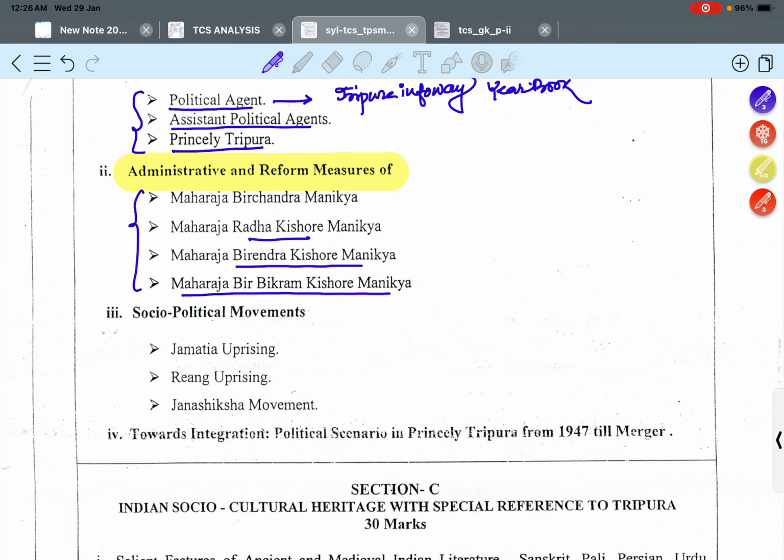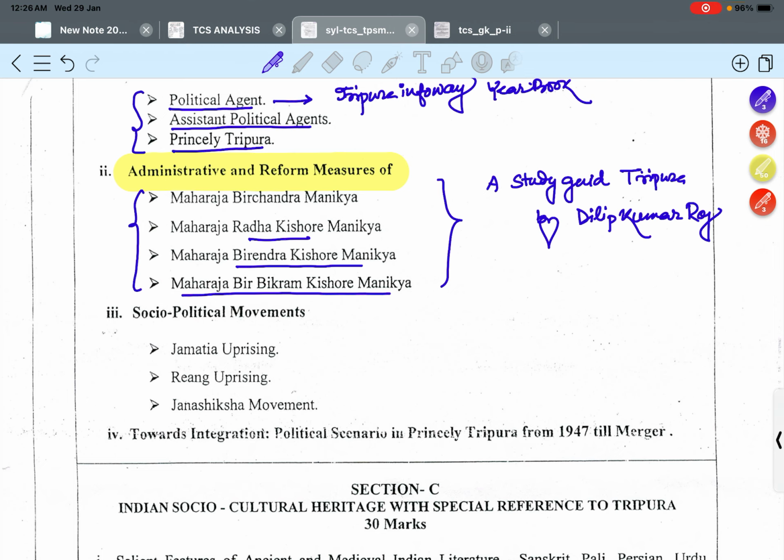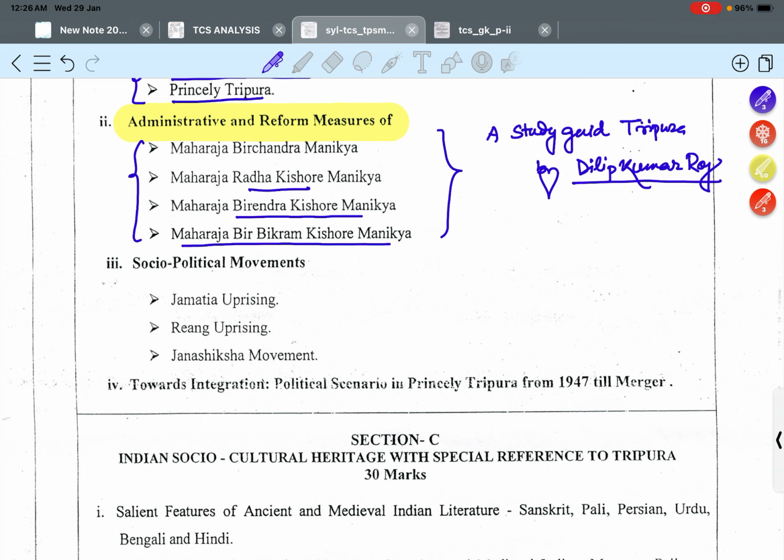You will do this from a book named Study Guide Tripura by Dilip Kumar Roy. In that book you will get everything, so you don't have to go any other place. This book solely will suffice.